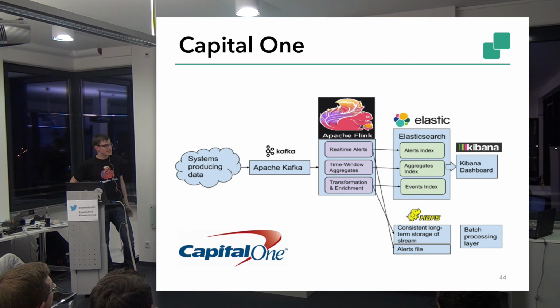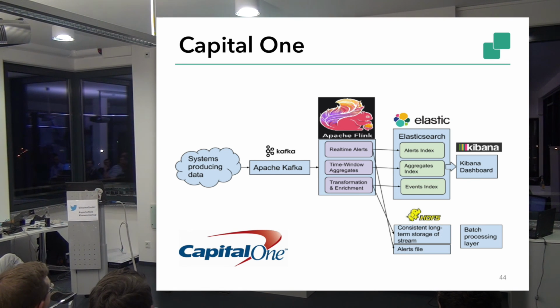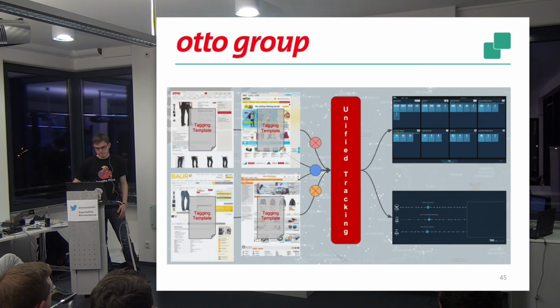And they put it into Elasticsearch, and then they use Kibana to analyze the data. And as a side product, they are also putting the stream into HDFS using Flink's rolling file sink, which is then used by the batch processing layer.